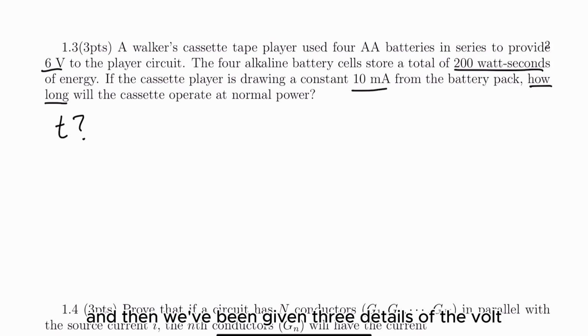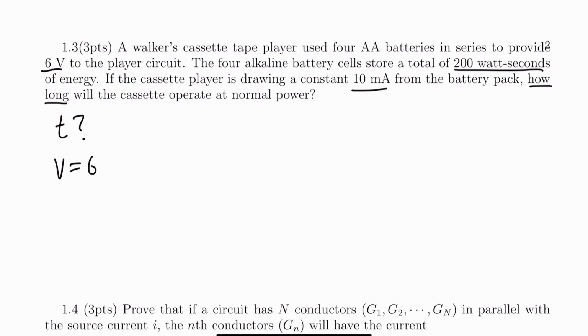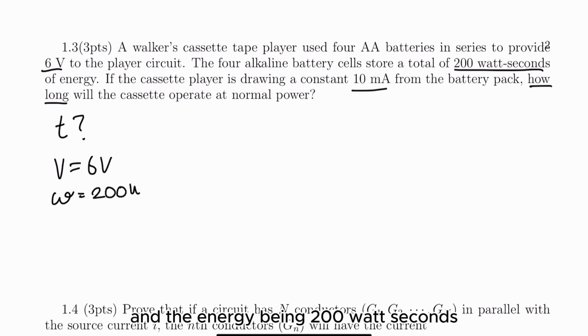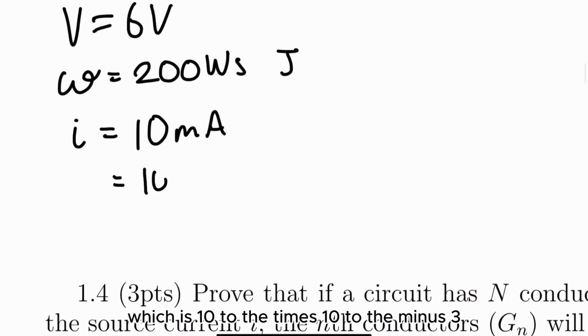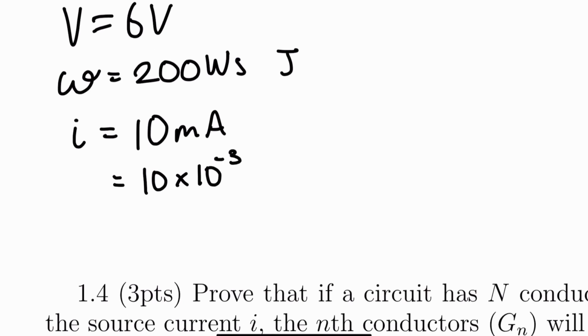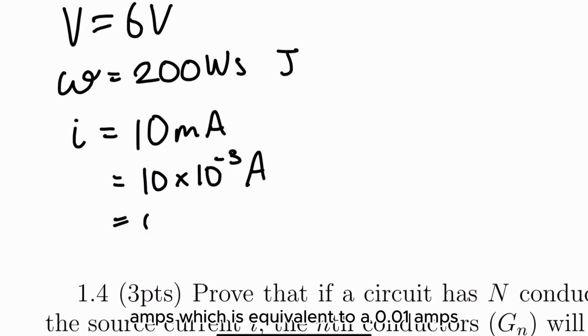And then we've been given 3 details: the voltage being 6 volts, the energy being 200 watt-seconds, or you can say joules, whatever you prefer, and the current as 10 milliamps, and we should convert that into amps, which is 10 times 10 to the minus 3 amps, which is equivalent to 0.01 amp.